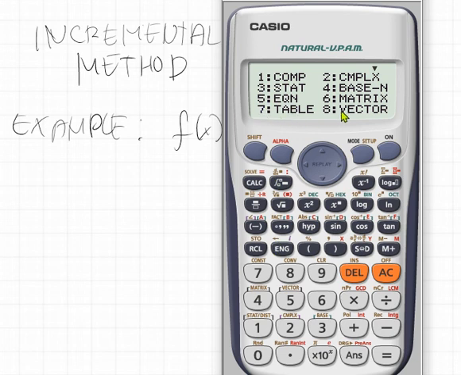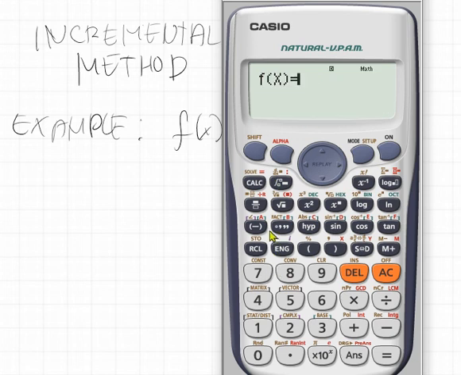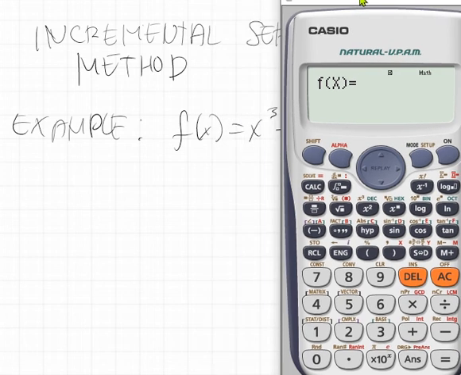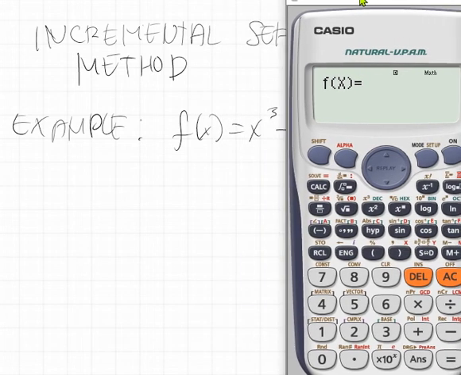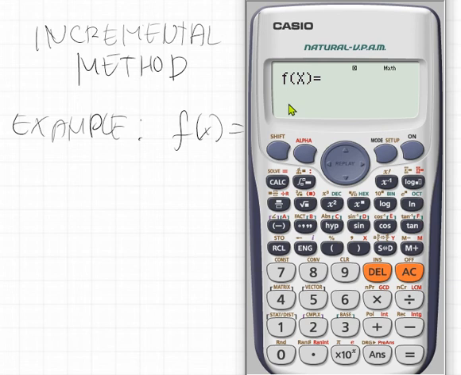So find the table, you press 7. Then next you type your equation or your function. Here our function is x cubed minus 0.3.